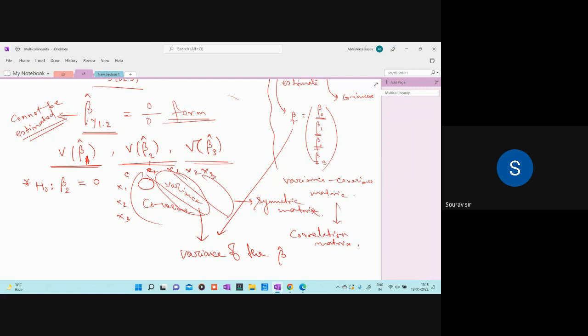Do you know how to find this variance of beta hat? Yes, ma'am. By using multivariate analysis. Yes.